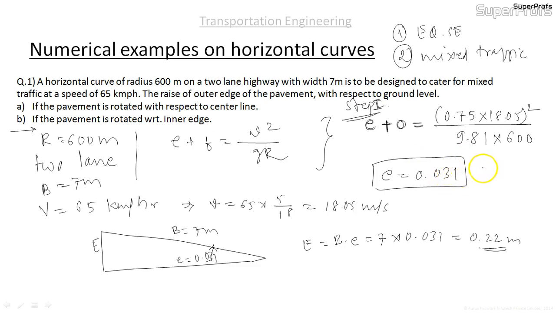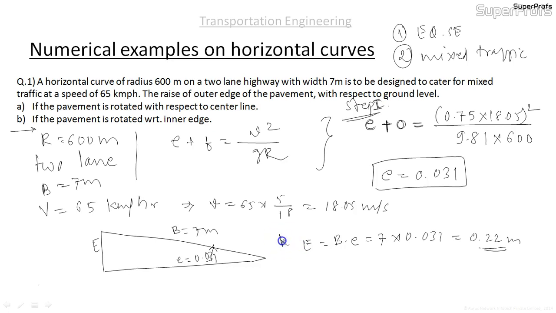Usually Emax is 7%, but it is not given, so we need not compare it. The question mainly asks that if the pavement is rotated about the inner edge, then 0.22 meters is the raise in the outer edge.